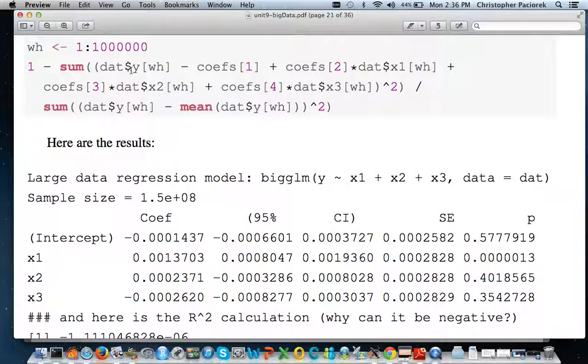So there's nothing that says this ratio has to be less than 1 if I'm doing it on a subset of the data. One way to think about it is just because this regression line is better than the flat line on the full data set doesn't mean that, if I restrict this to some subset of the observations, this line is a better fit than just fitting the mean to all of the observations.